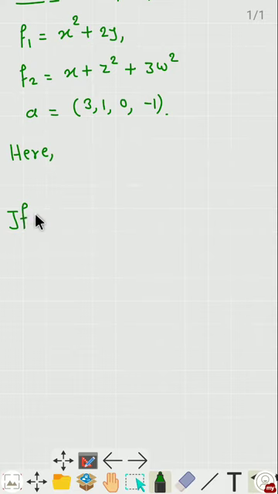Jacobian of function f at point A is equal to a matrix, and it must be a matrix of order 2 by 4. So we need to write a matrix of order 2 by 4, 2 rows, 4 columns.